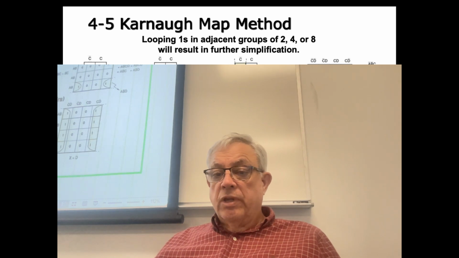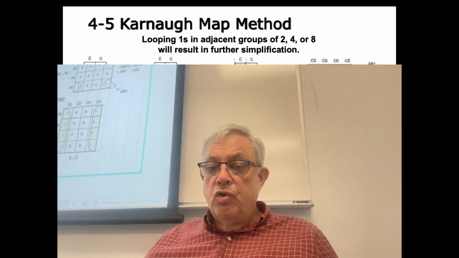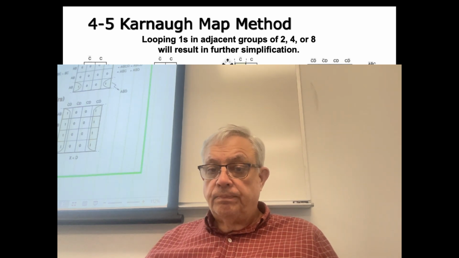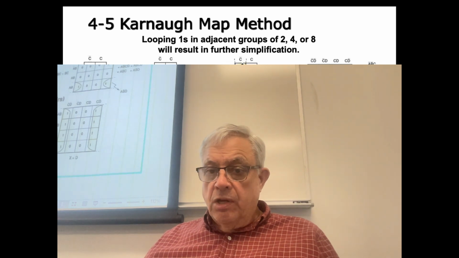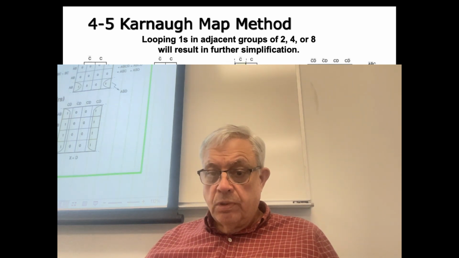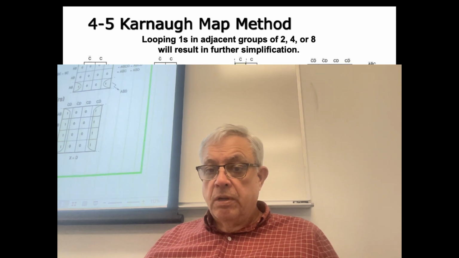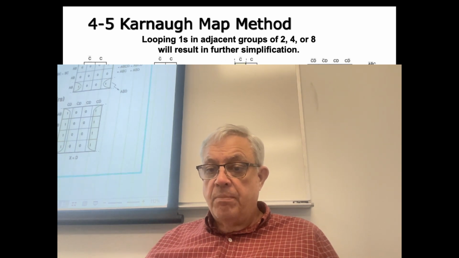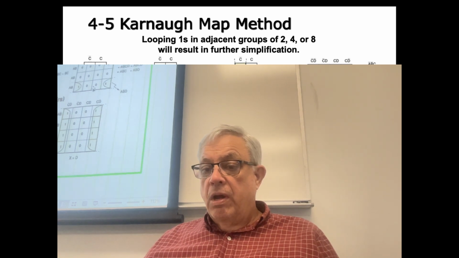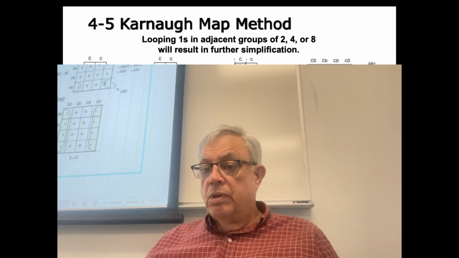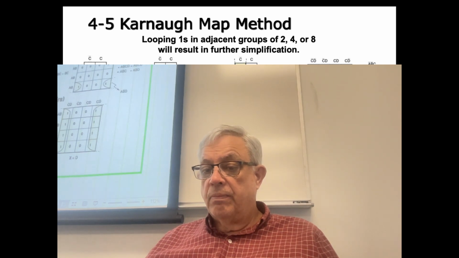I can come around and I can notice that I can loop around top and bottom. A naught, B naught, C naught describes this one. A, B naught, C naught describes this one. A's changing, but I've got B naught, C naught describing these two. I can wrap it around the ends too and accomplish the same thing.